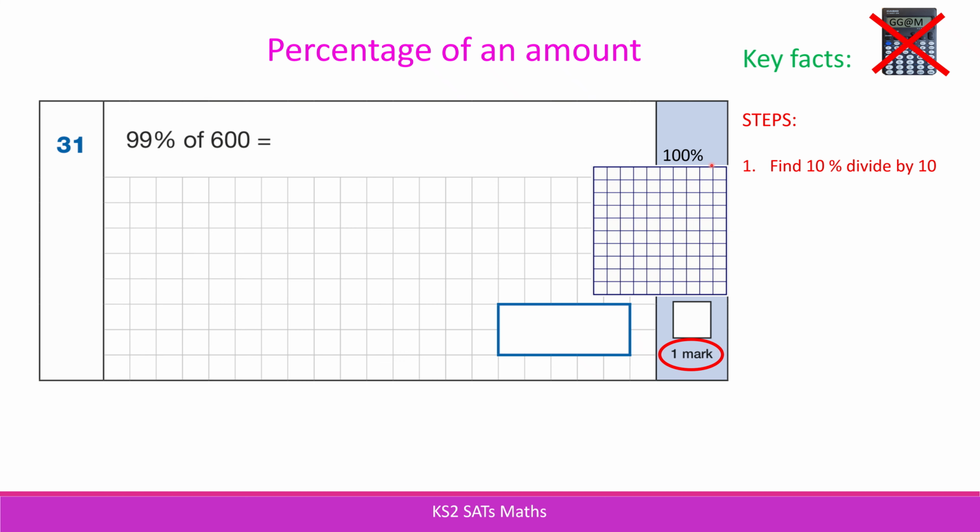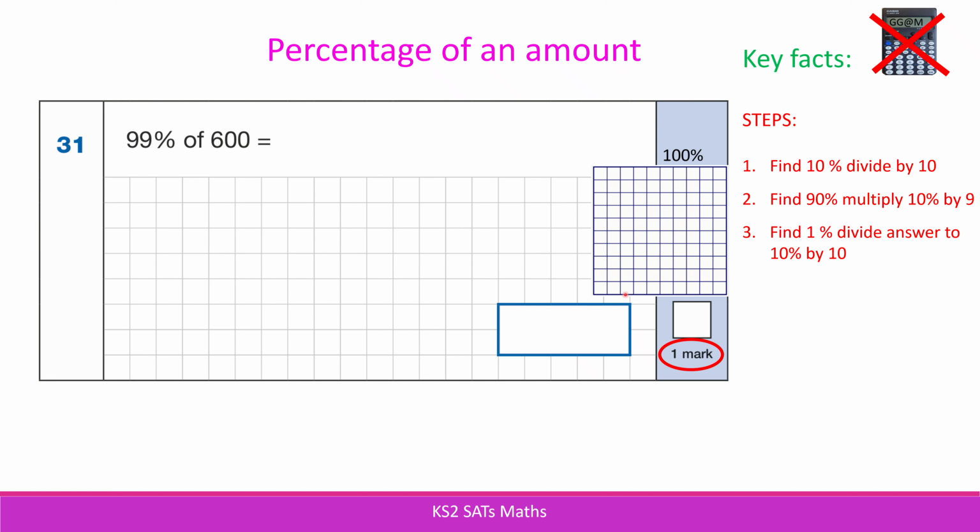So we've got to work out the value of 99 little squares when all the squares here are equivalent to 600. So to do that, we first of all find out 10%, which is one strip. We then multiply that by 9, which gives me 90%. So that gives me the whole of this area here for 90%. I then need to work out 1%, which is one little square.